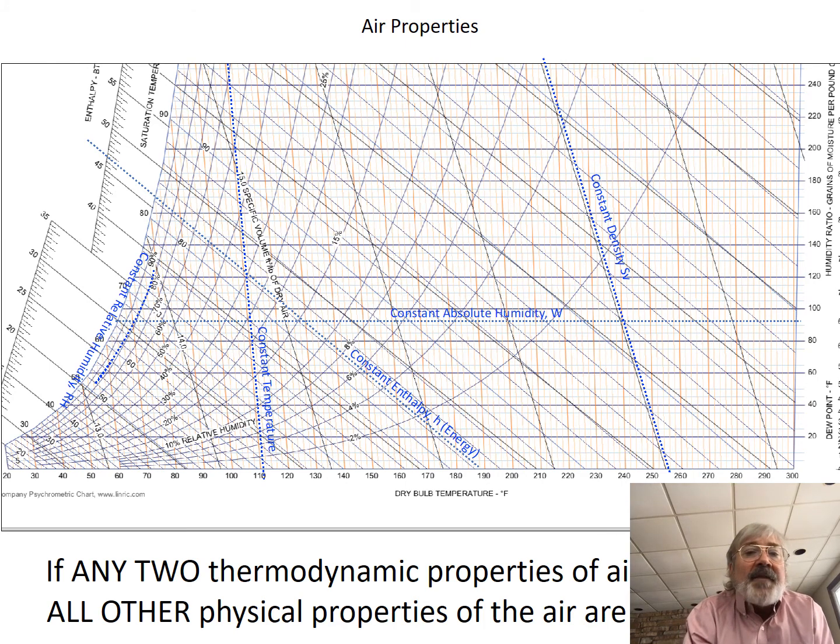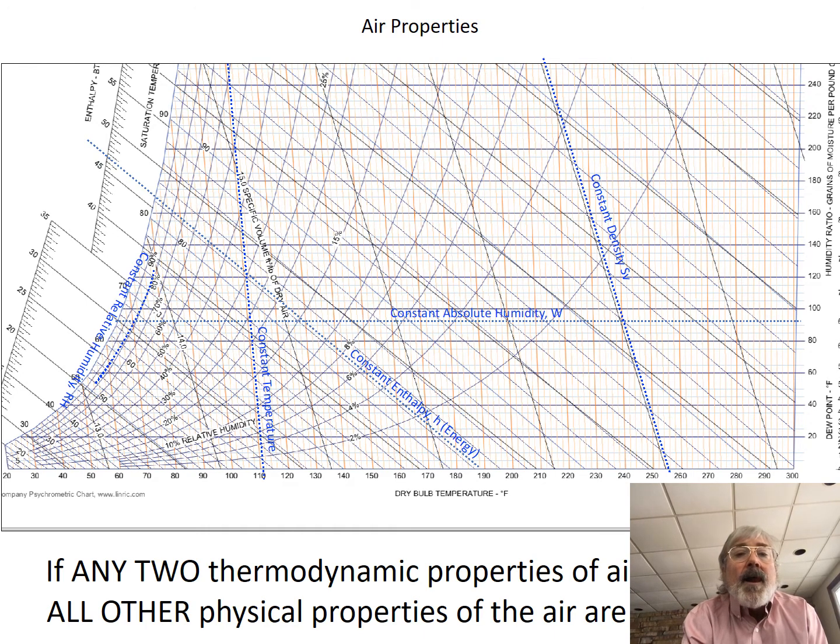Okay, so on the x-axis here is your dry bulb temperature. The y-axis is the humidity ratio, otherwise known as absolute humidity. So constant absolute humidity lines are these horizontal lines. These lines here are the constant air density lines.